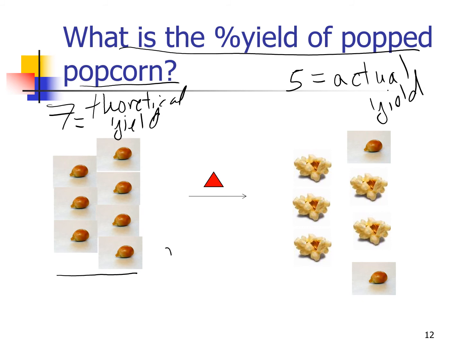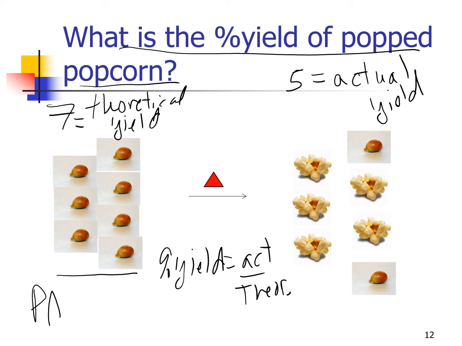So to calculate my percent yield, it's actual over theoretical. And one student told me how they remember percent yield as PAT, because sometimes the only thing a student might get confused on is the actual over the theoretical. They might sometimes put theoretical over actual.